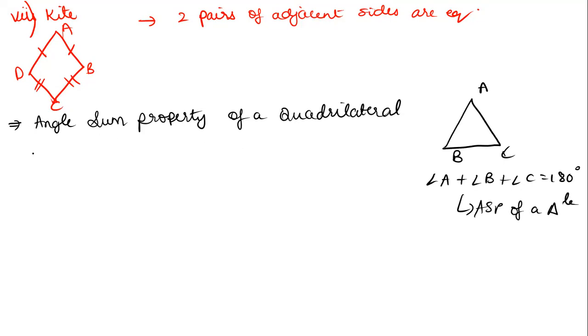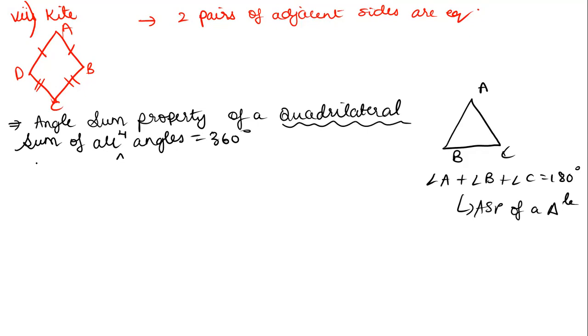But here we're going to be studying the angle sum property of a quadrilateral. Clear? So basically, in simple words, what is the angle sum property of a quadrilateral? It is basically that the sum of all angles will give rise to 360 degrees. Sum of all four angles, because it's a quadrilateral after all, right?